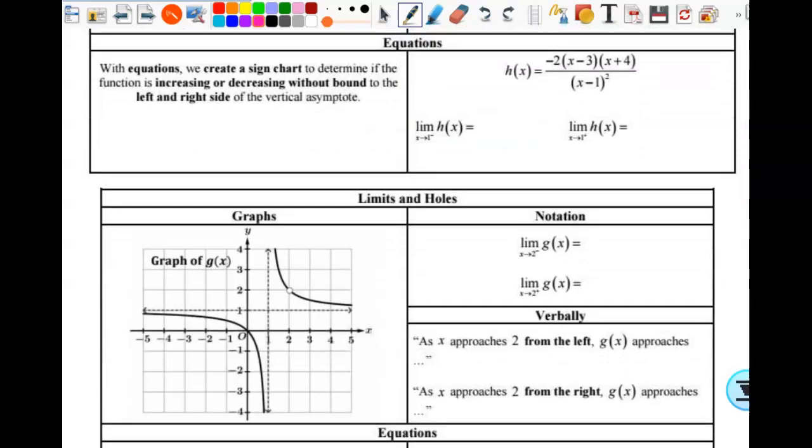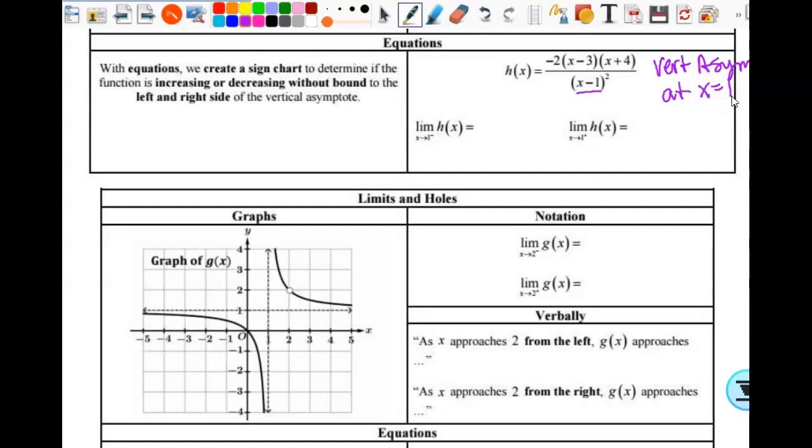So now I don't have a graph to look at, I just have this. And I know I want my limit as x approaches 1, so I have to figure out what's going on at 1. So the first thing I look at is, is there anything I can cancel out? The answer to that is no. So this is where I have x minus 1, so that means I have a vertical asymptote at x equals 1, right?